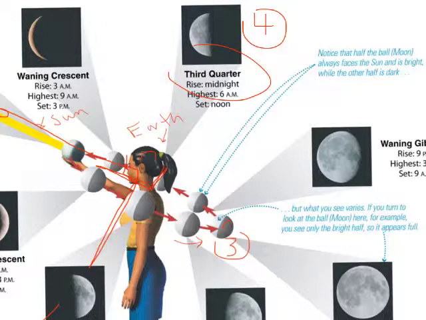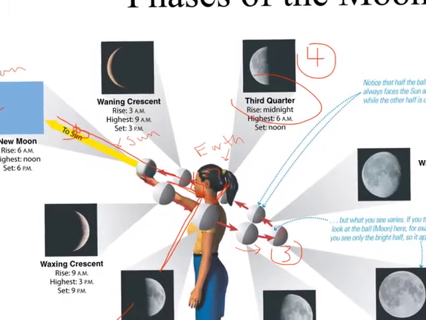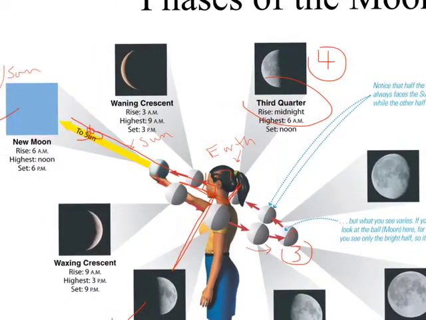Then we come back, getting close to the moon coming back again in between the earth and the sun. So here we have one more position between third quarter and new moon. It's not a specific position, but more of a continuum.